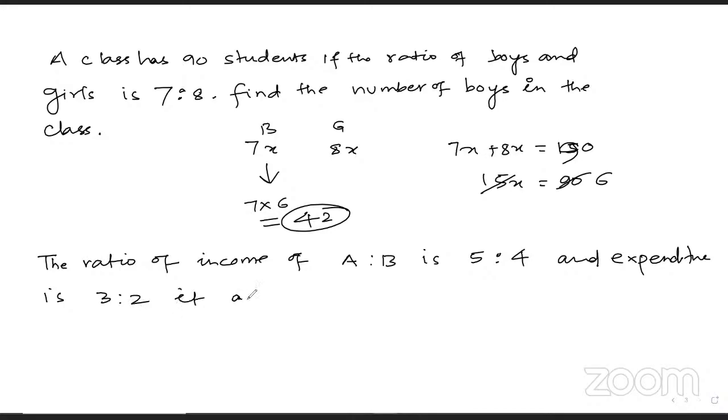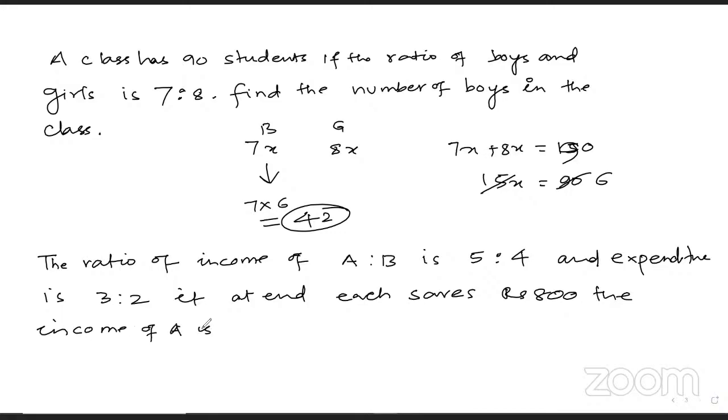If at the end each saves rupees 800, the income of A is.